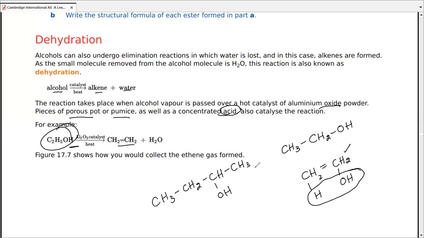Cambridge tends not to specify this for elimination reactions in their papers. If you take a look at past decades' papers, you'll get an idea that you take the whole water molecule out. This is where you're supposed to put the double bond. There you go. You have butene as the resultant alkene along with water.